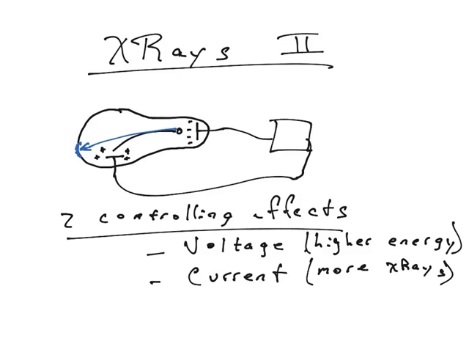And so every one of those electrons that does that is a missed opportunity. And in fact, the vast majority of the electrons did that. Only a very few were lucky enough to hit the anode and create X-rays.